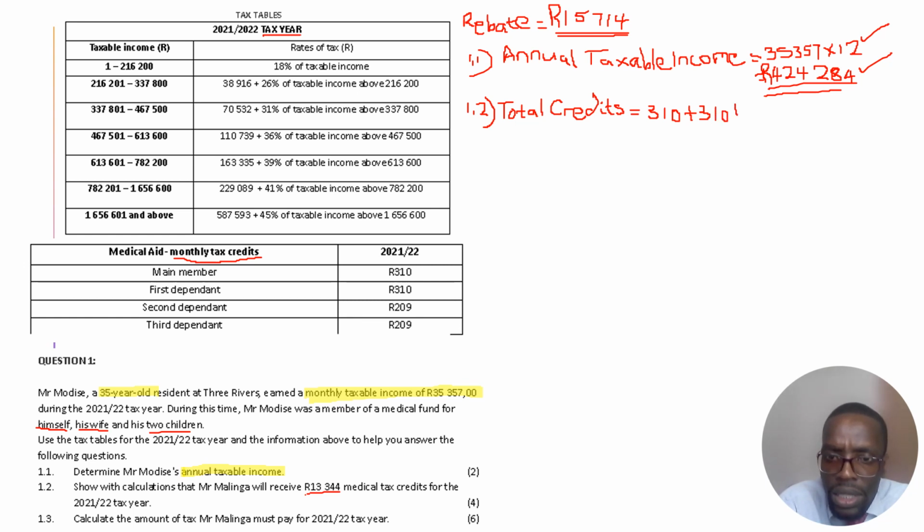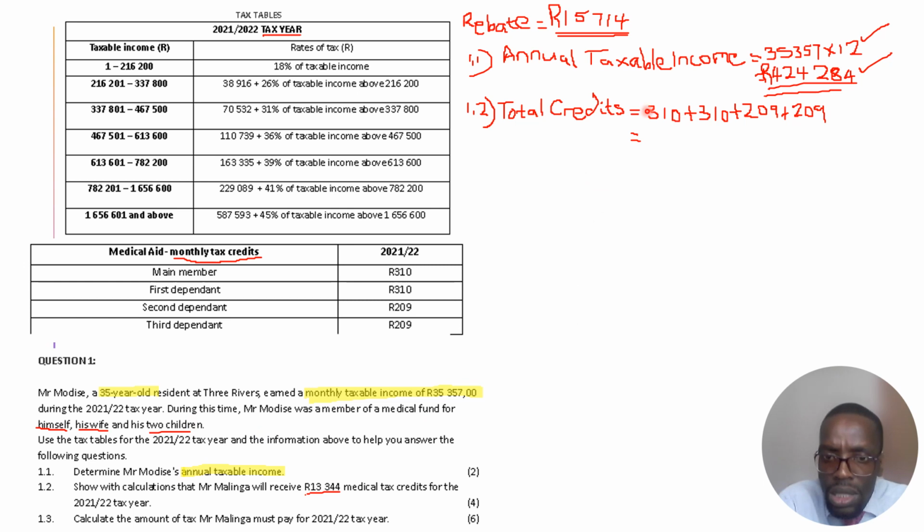Then the first child has credits of 209, and the second child also has credits of 209, because we are told it's himself, his wife, and the 2 children.